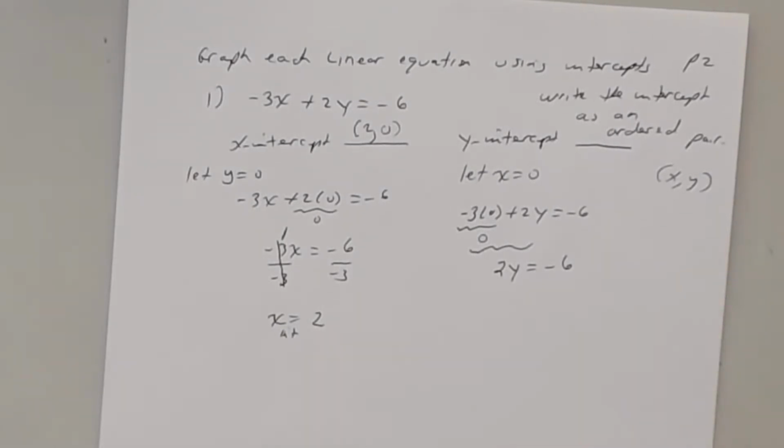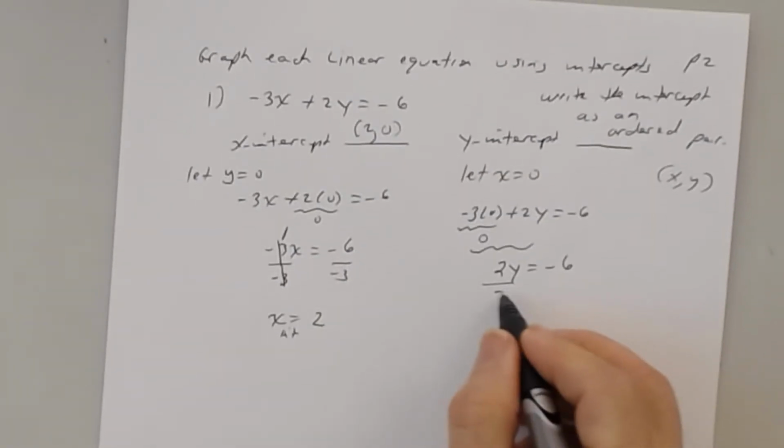But remember, you got to get y by itself. So right now, what am I multiplying y by? 2. What's the opposite of multiplying by 2? Dividing by 2. So if I want the coefficient of y to be 1, I have to divide both sides by the coefficient, which is 2.